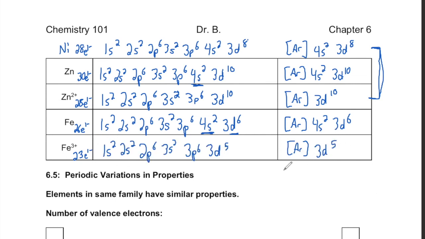So we have iron looking like argon with 5 additional electrons all being in the 3d orbital. So just be extra careful when you form these ions of the transition metals. Make sure you lose the outermost s electrons first before you start digging into those d electrons.